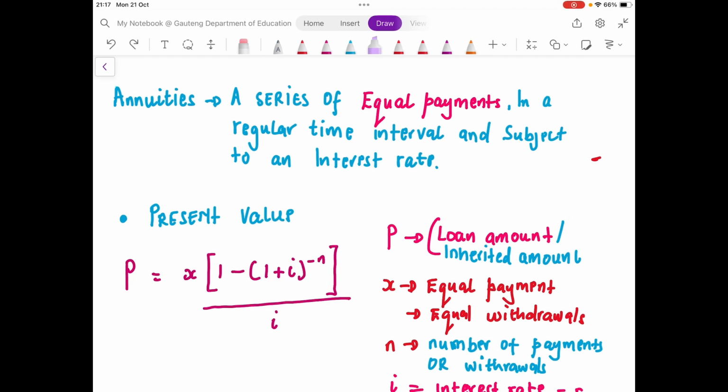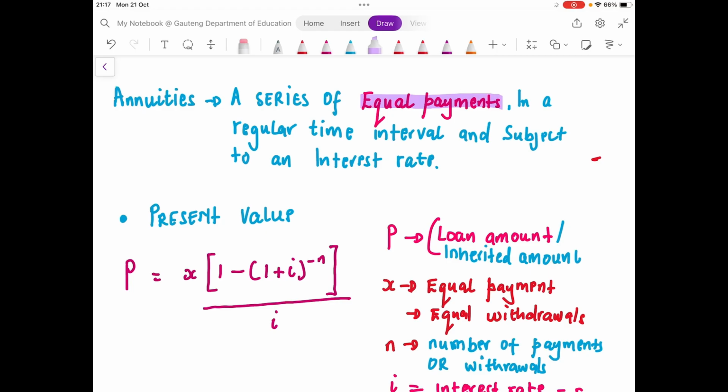Annuities. Let's look at some of the things that you need to remember as you are preparing for your exam or for your test. So now, what is an annuity? An annuity is a series of equal payments or a number of equal payments. And not only payments, it can be withdrawals, it can be deposits.